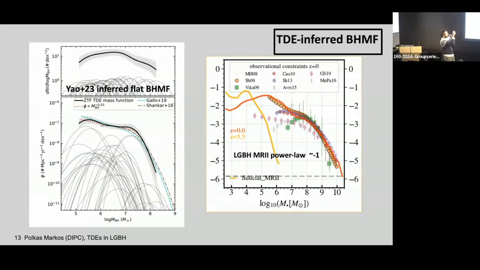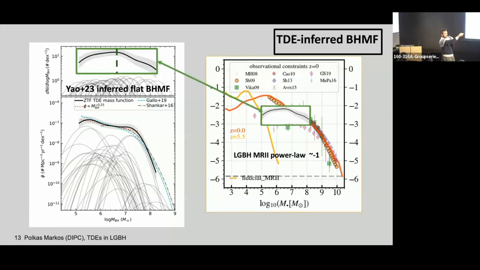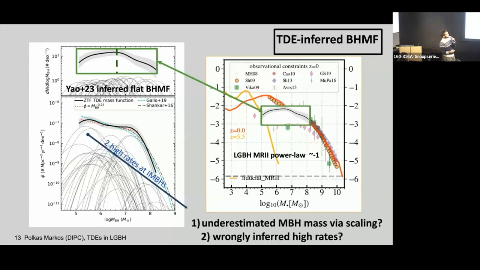But as you can see here on top, if you use really simple assumptions for scaling the rates, you predict a flat distribution of black holes. So modeling these events self-consistently can actually constrain the black hole mass function at the low mass end, and of course may indicate what could be going wrong at the lower mass end in the predictions from other models.